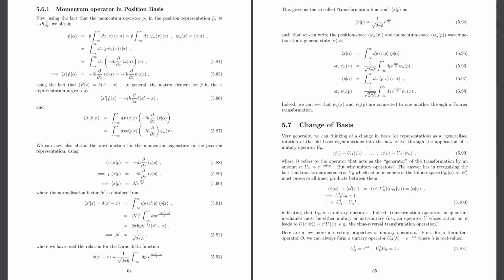Since we already represented the momentum operator in the position representation, if we want to know the outcome of this object acting on some general state alpha, then it's smart to also transform the state alpha into a basis in which this momentum operator could naturally act.